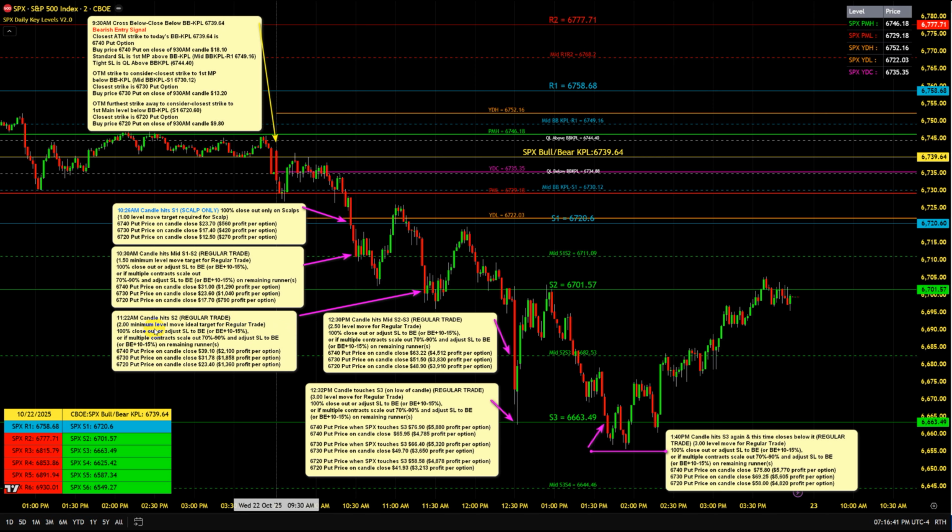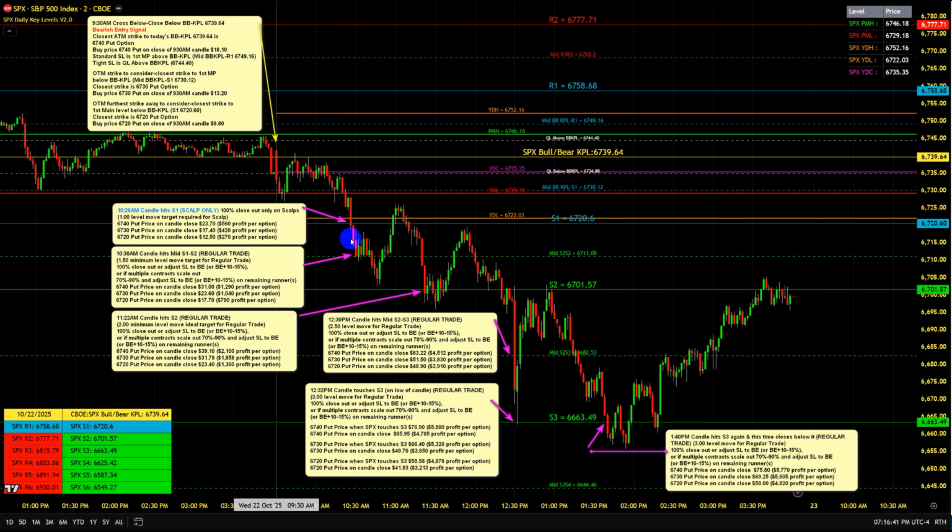Now a 2-level minimum move is the ideal target for a regular trade, whereas the 1.5 level minimum move is your minimum target for a regular trade. Remember, if you're only going to do a 1 level, then you're just scalping and you close out.